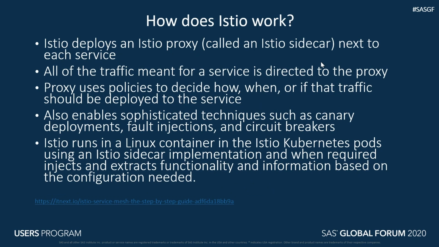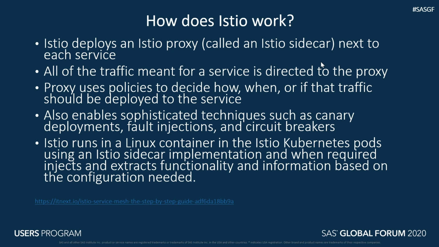How does Istio work? Istio deploys an Istio proxy called an Istio sidecar next to each service. We're again talking about the microservices here. So all the traffic meant for that microservice is directed to the proxy. Istio installs a sidecar proxy, which allows it to intercept the traffic. The proxies can then be governed by policies that are managed through Istio, kind of as a global policy management.